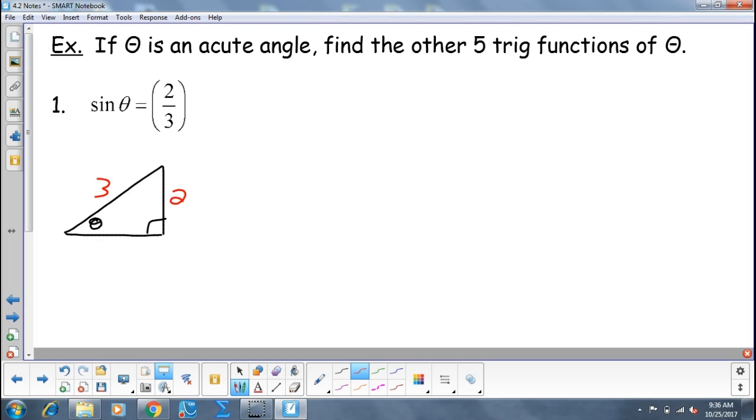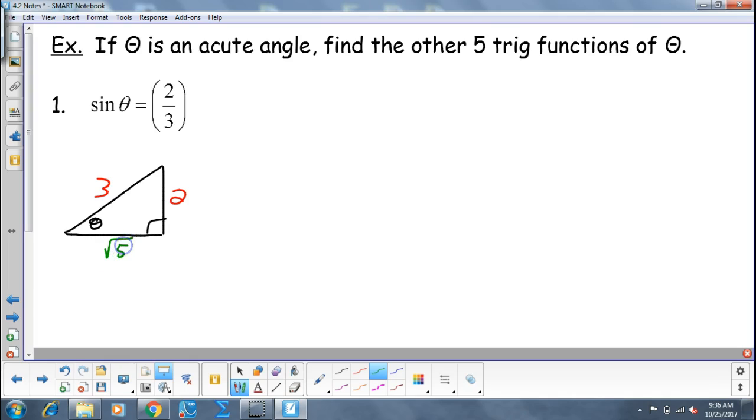Okay? So when I do that, what do we get for the missing side of that triangle? What you got, Ellen? I like the square root of 5.